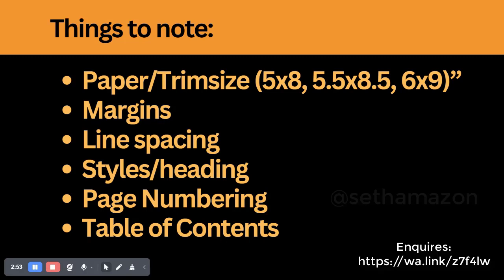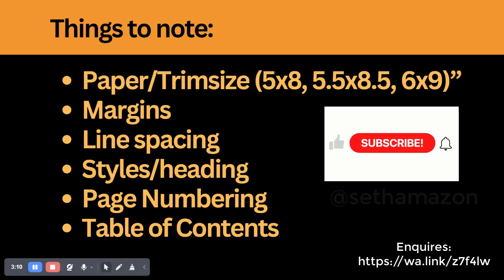This helps to make readers able to navigate. Table of contents mainly are for navigation, especially in your Kindle book. If you don't have a table of contents in your Kindle book, when you publish it, it might come with a few errors.